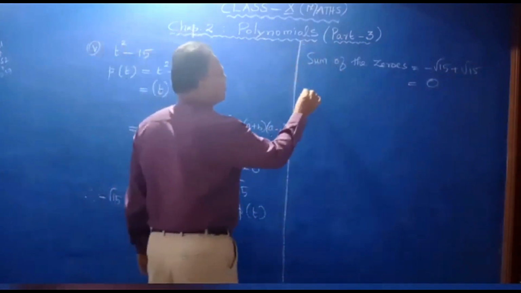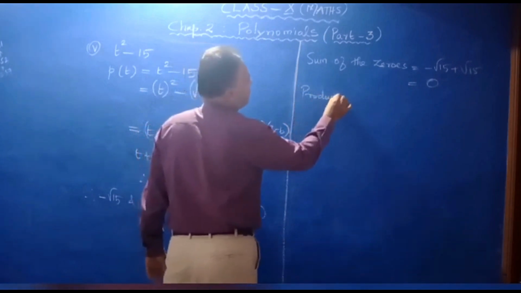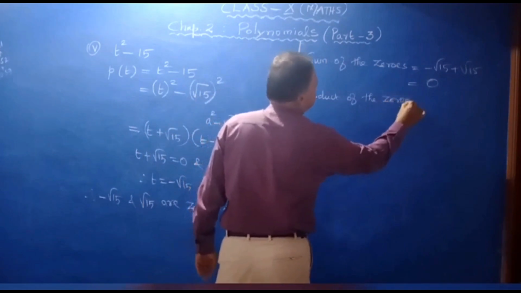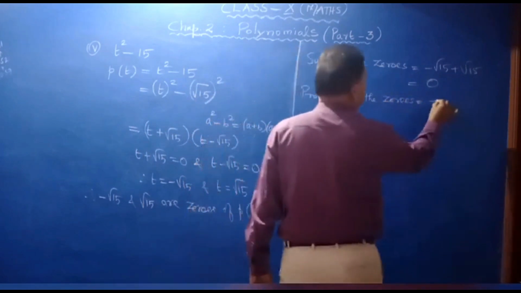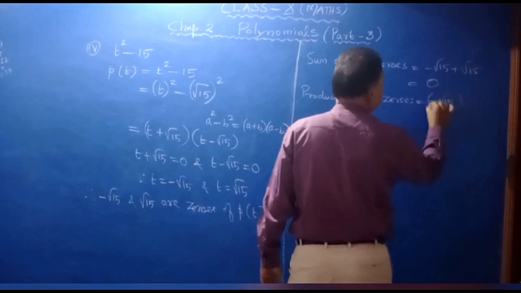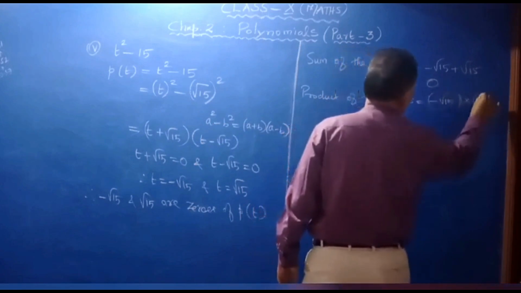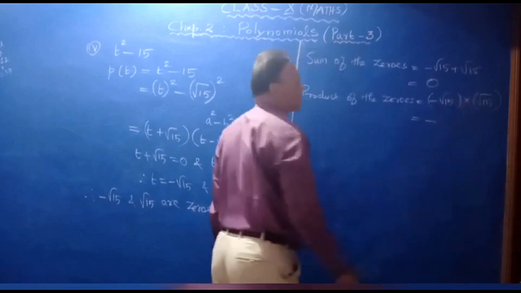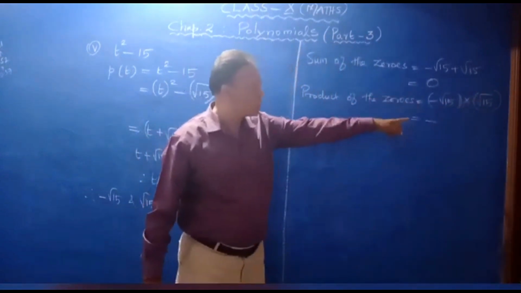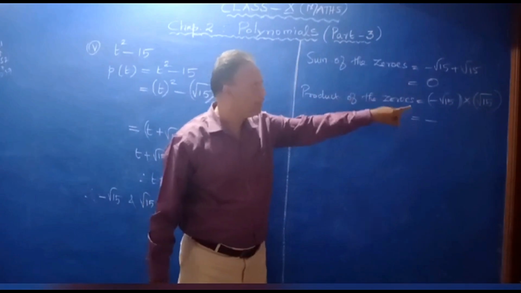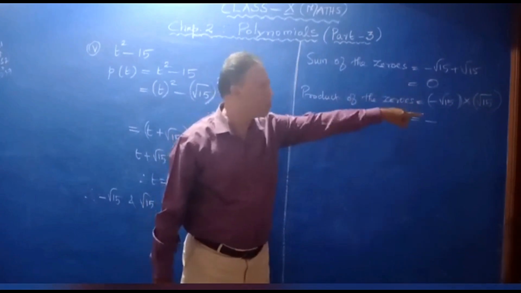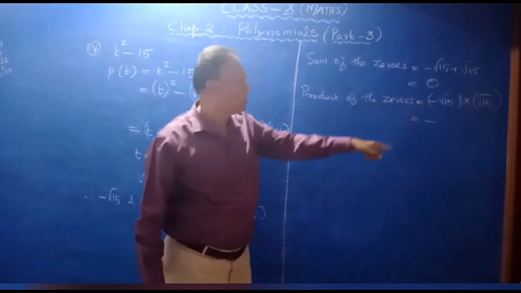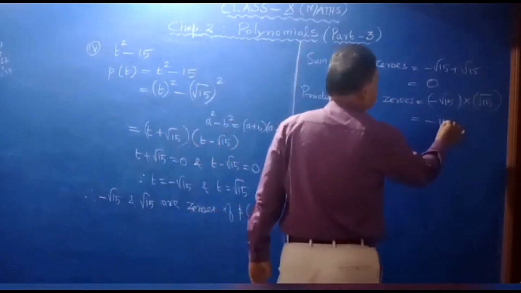Now find the product of the zeros: minus root 15 into root 15. Minus into plus is minus, and root 15 into root 15 is 15, since root x into root x is x. Clear? So the product is minus 15. Understand?